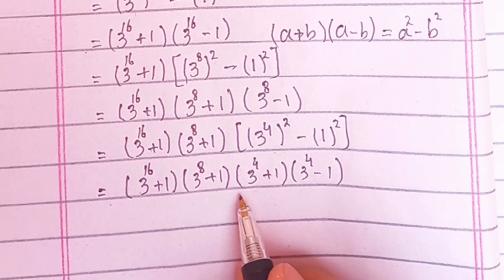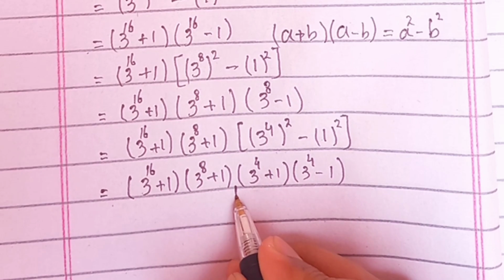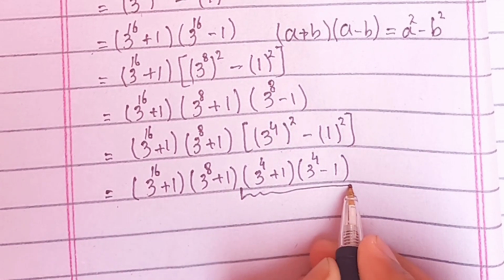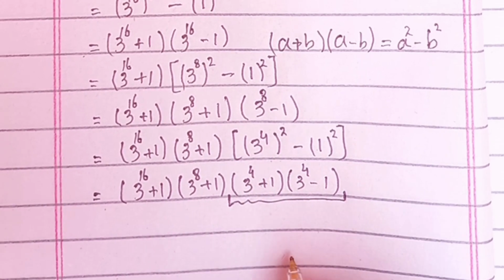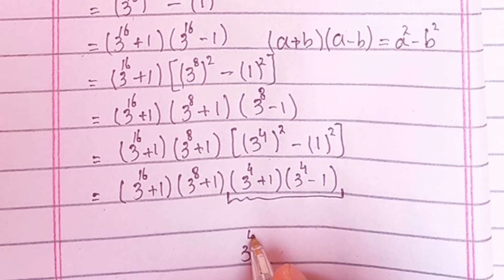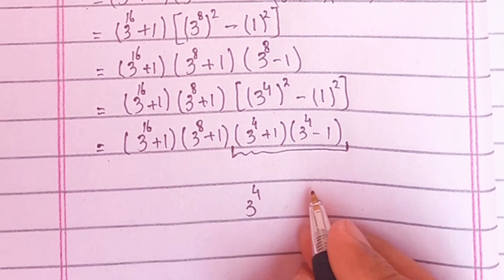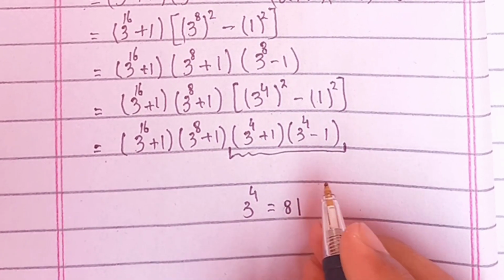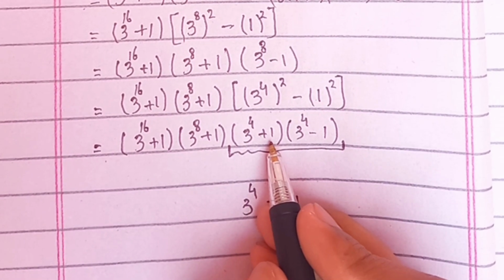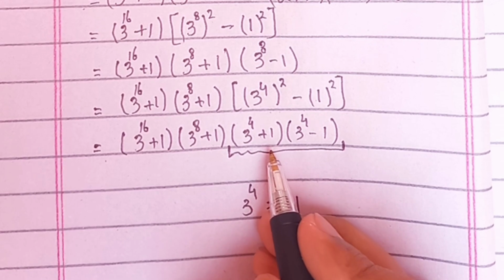Now, these two factors here: 3 power 4 is 81, and 81 plus 1 is equal to 82.